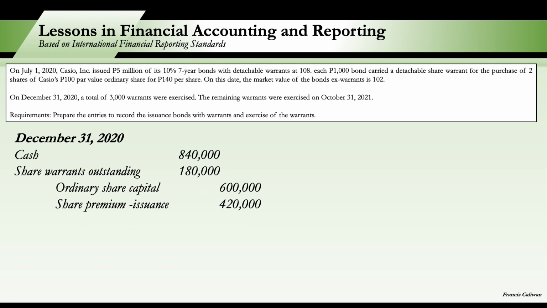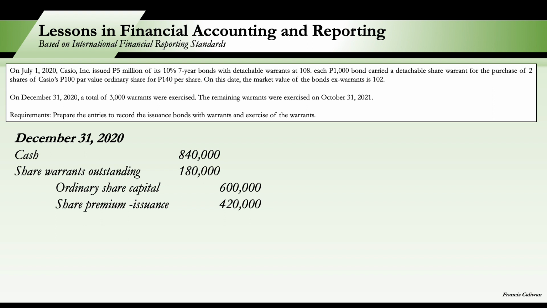That's 6,000 times exercise price of 140. Yan, 840,000. Then debit to share warrants outstanding. Our share warrants outstanding account is decreased if the warrants were exercised. So 300,000 times how many percent were exercised? Only 60%. 3,000 of 5,000. So 300,000 times 60% is 180,000.